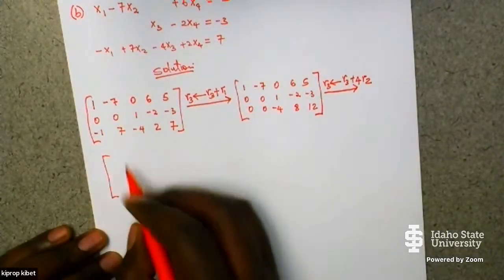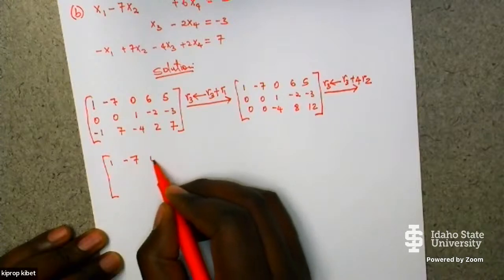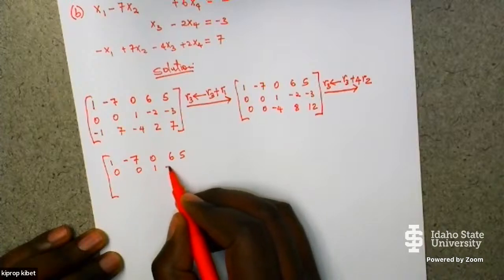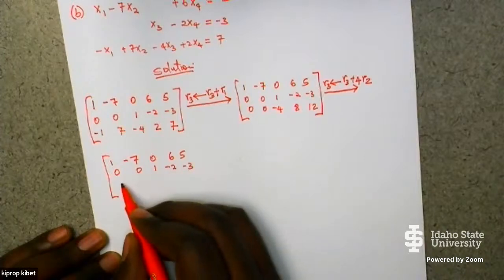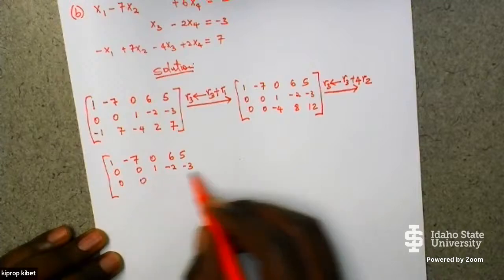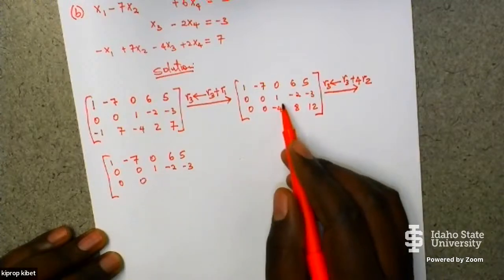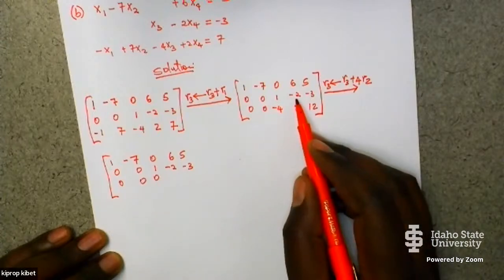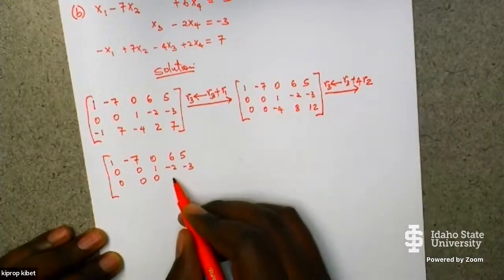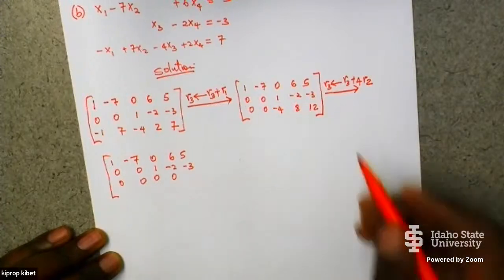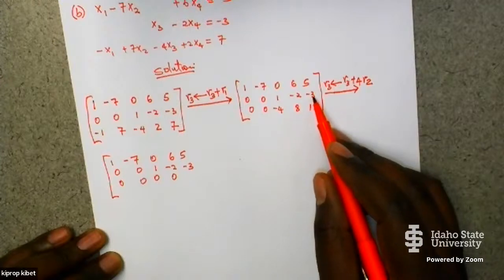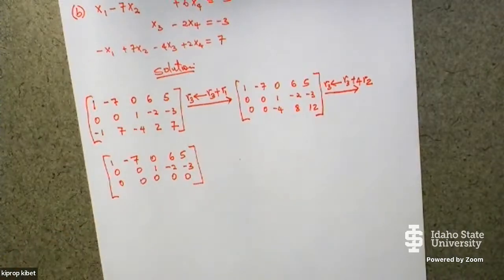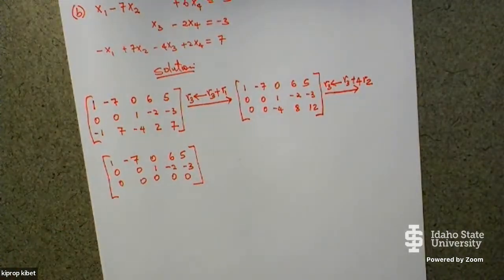So what we get is 1, -7, 0, 6, and 5, 0, 0, 1, -2, and -3. And then we have 0, 0. So -4 plus 4 is 0. 8 plus -2 is 0. And then 12 plus -12 is 0 there. Now that has been reduced.